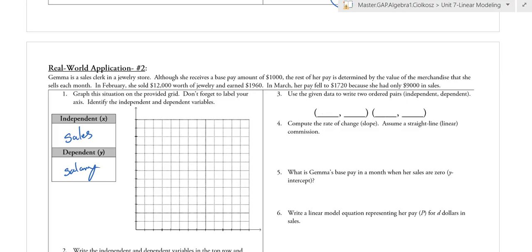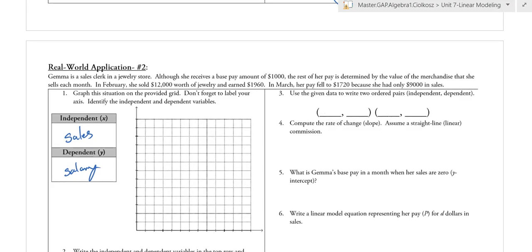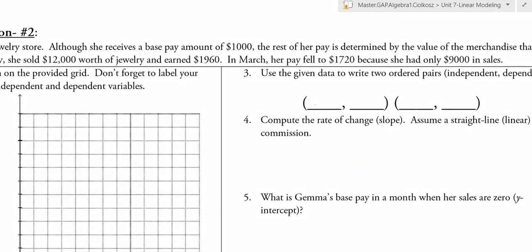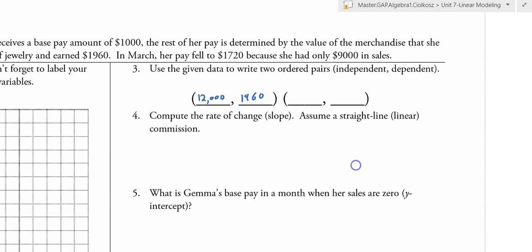So let's think here. We got our 2 points, right? So if I sell 12,000, I earn 1960. So 12,000 goes with 1960. 1720 in my earnings.